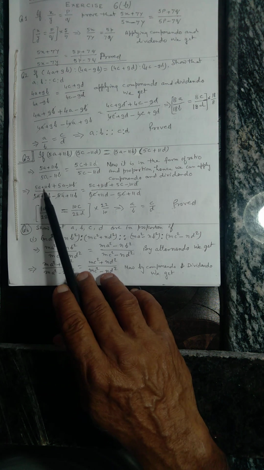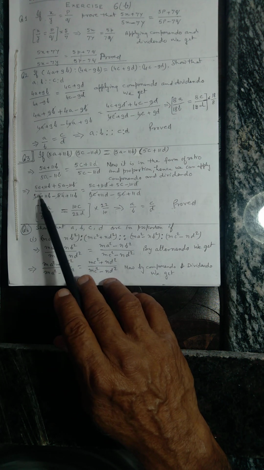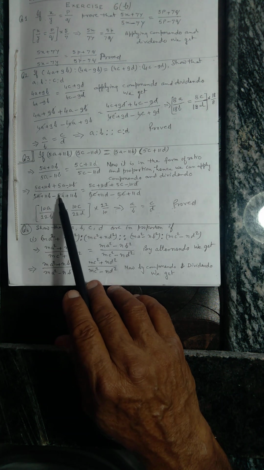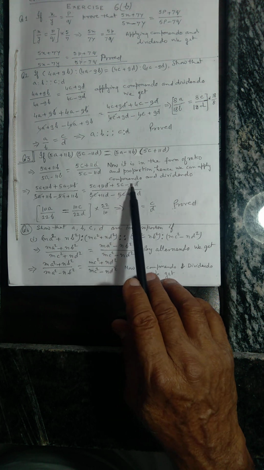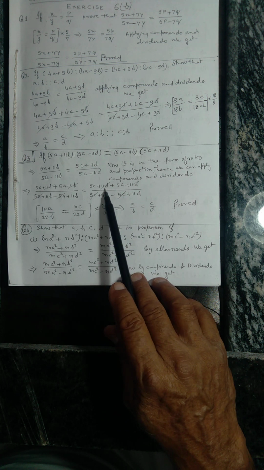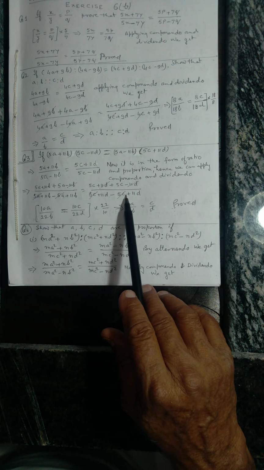So you see this 11b plus and minus 11b will be cancelled. In the denominator you see 5a and minus 5a will be cancelled. Here 11d and minus 11d will be cancelled. In the denominator, that is 5c and minus 5c will be cancelled.